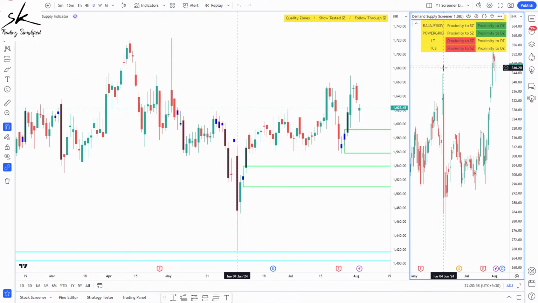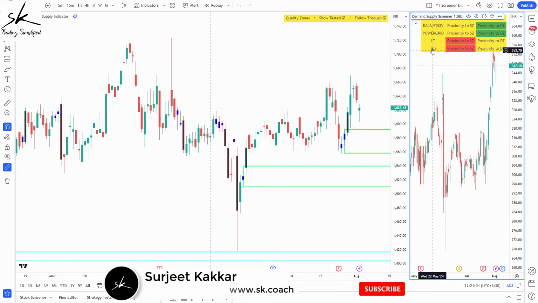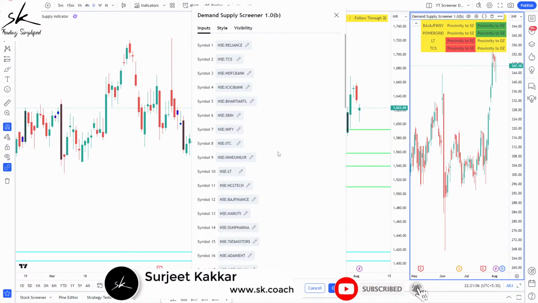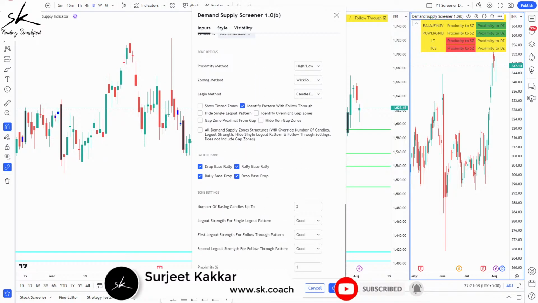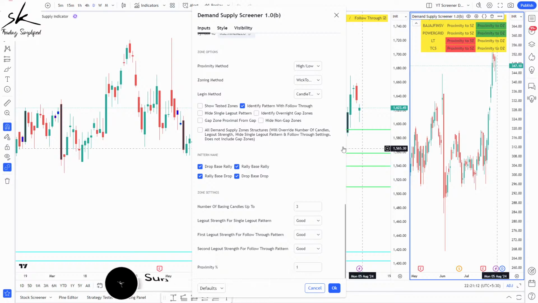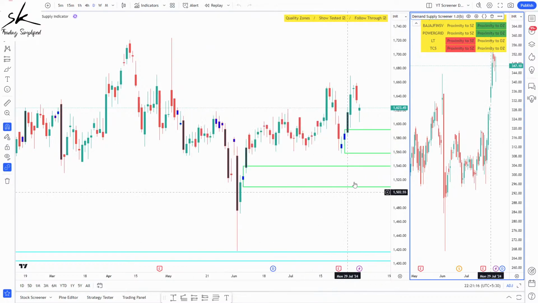And now you can see that once I have applied this to the chart, and I've given my list of symbols, the setting I've given here is that out of these 40 symbols, wherever the proximity is 1%, which means the current candle is within 1% to a demand area or a supply area, shortlist for me. And here you can see it is shortlisting 2 symbols only for the demand side and 2 for the supply side.